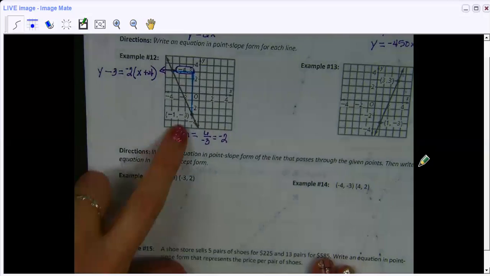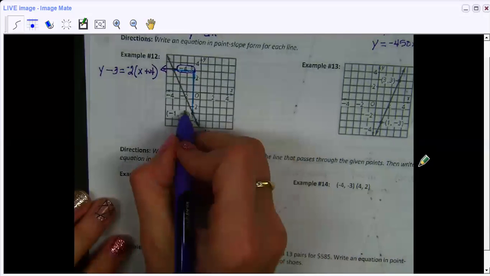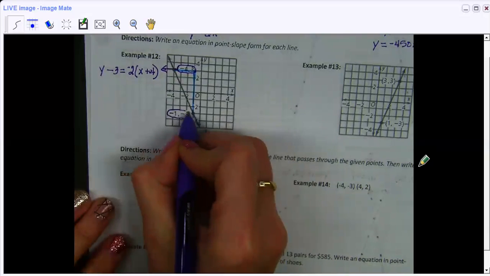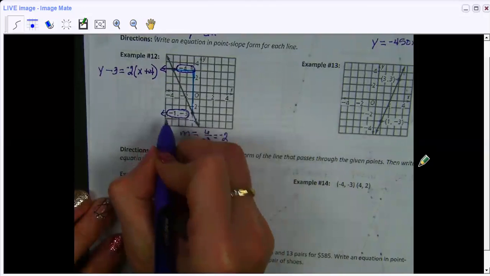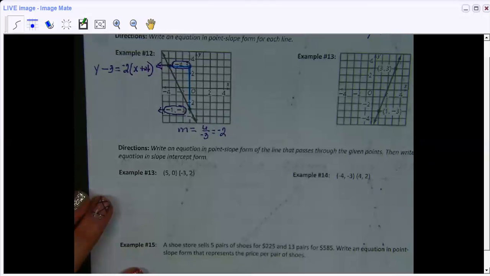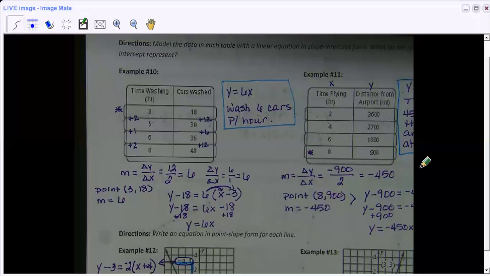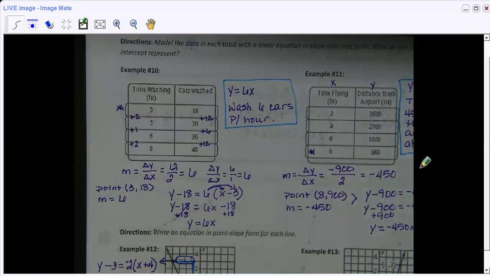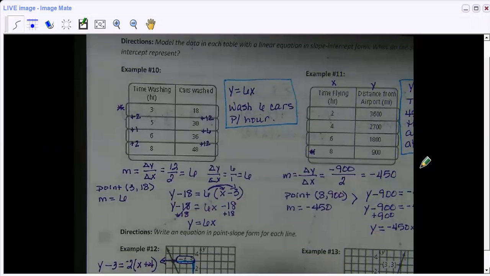All right, I want you guys to write the equation for this point. Somebody tell me what you got. Oh wait, you're on the wrong one. I'm looking at number 12, the second point.